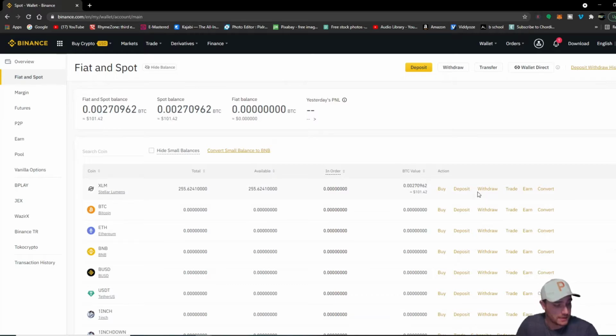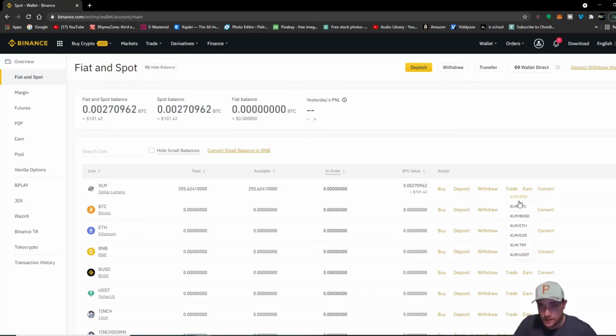This class is on how to set up a trade setup. So once you come in here, you've got your wallet open, you already know how to get here, you already made your transfers, you come down and you click trade. There's going to be another window that pops up here.